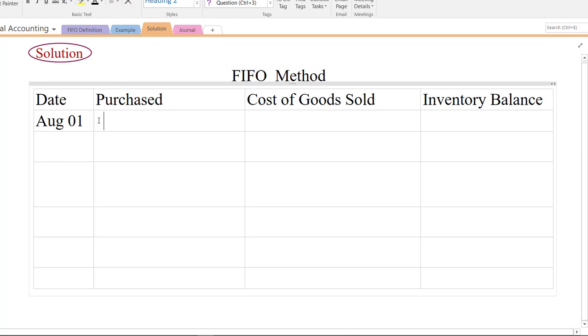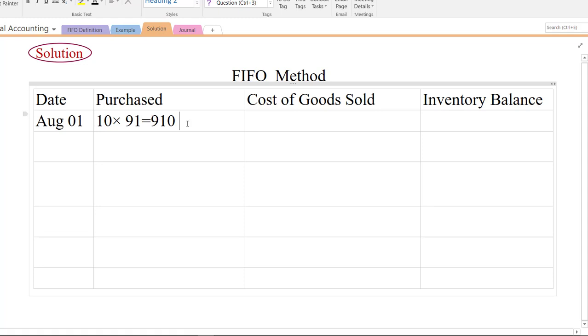So 10 units are purchased with the cost of 91 USD, which is equal to 910 USD.